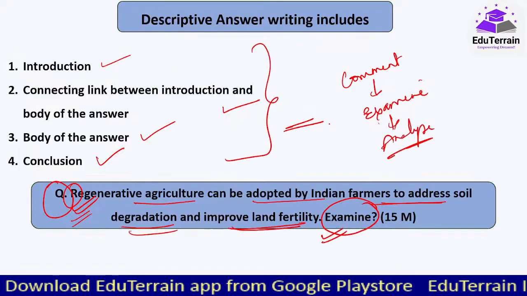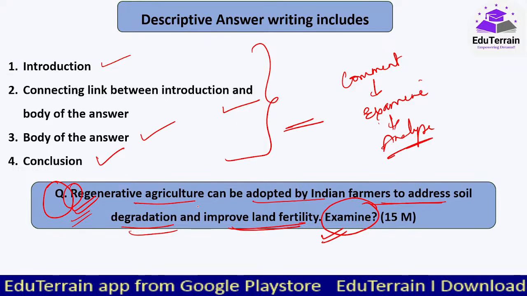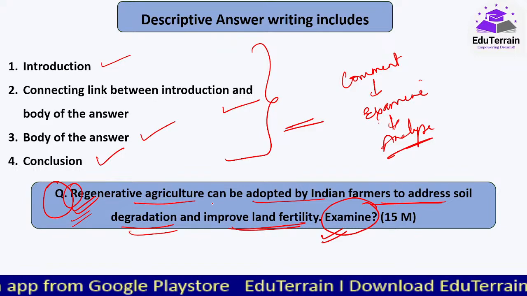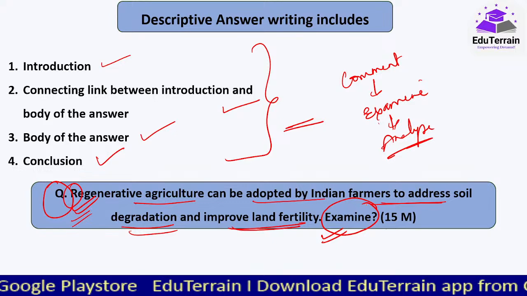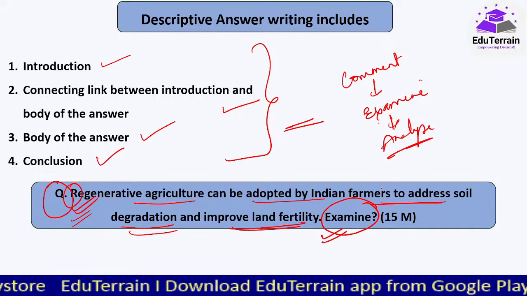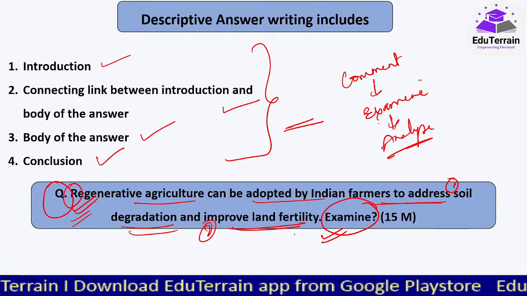What does the question demand? It is saying that regenerative agriculture can be adopted, so positive, adopted by Indian farmers to address two major issues: one, soil degradation, and two, improving land fertility.